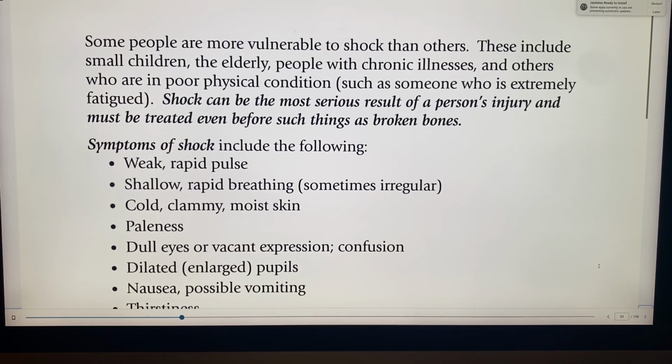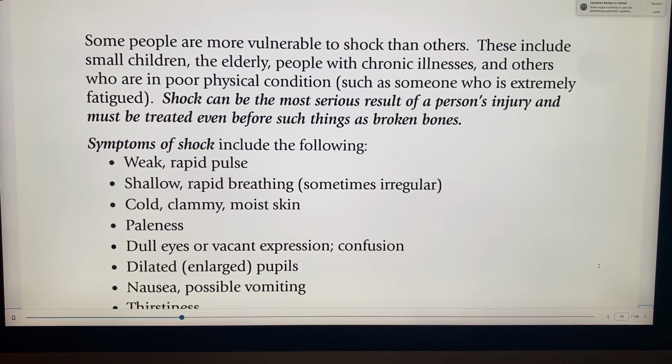So, shock. Let's talk about shock now. Shock could be very serious, even when they haven't hurt themselves that badly. Shock usually happens if they've lost a lot of fluids or blood. That can put them into shock right away. They have disturbances in their circulation system, and blood is not flowing in the usual way, getting them nutrients and oxygen.